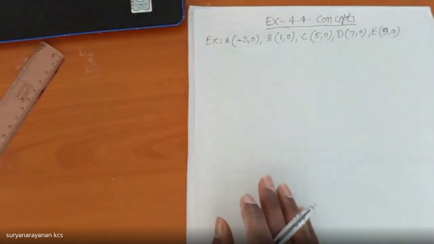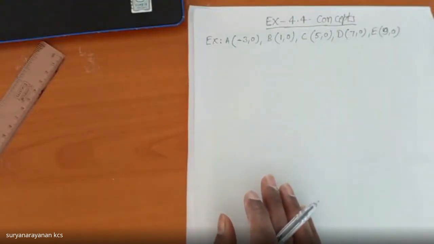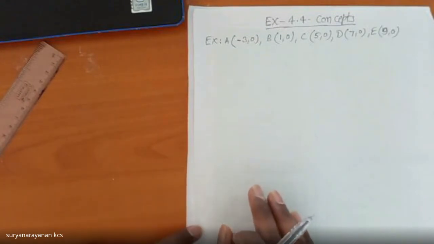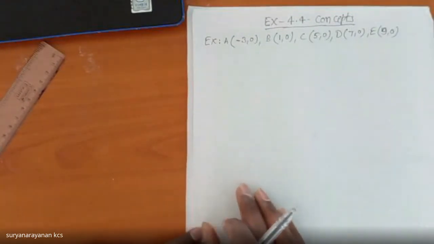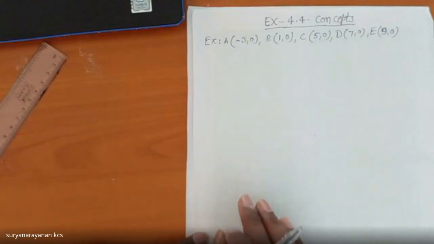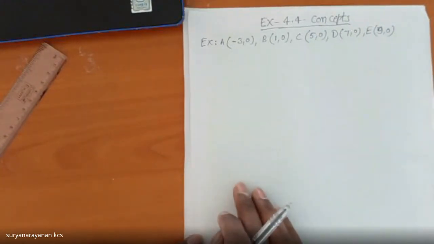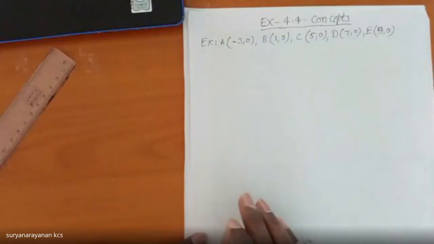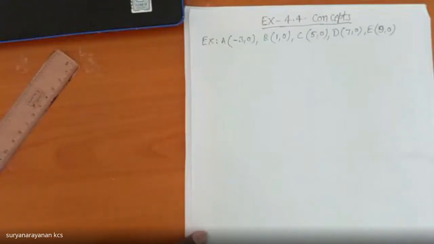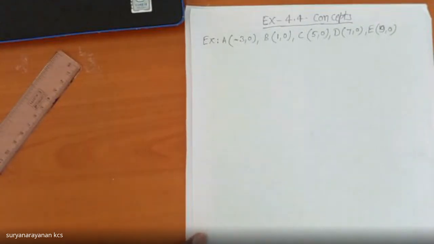And again, if you observe these points very deeply, there is a common point. Can you tell me what is common? Zero. What is zero? Yes, that is the answer.